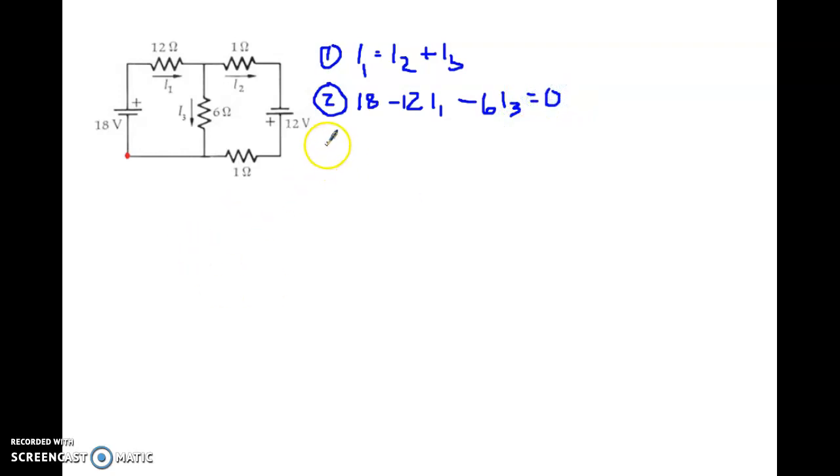And our final one here is also a number, 30 volts. We had our 12 I1 as before, and this time we had minus 2I2, there it was, and that equals 0.